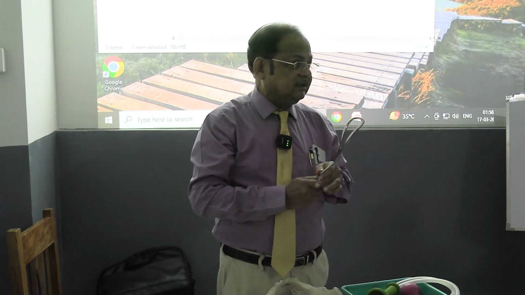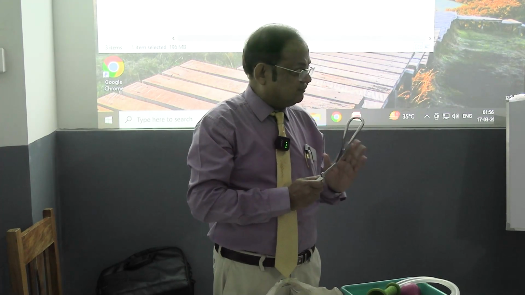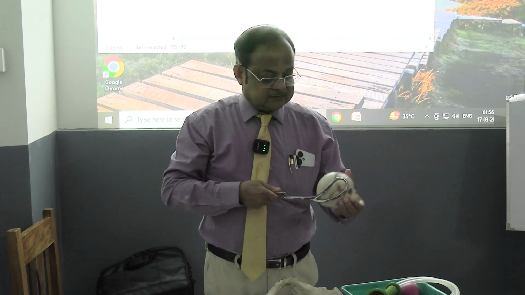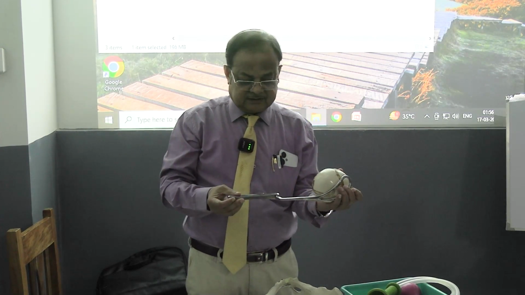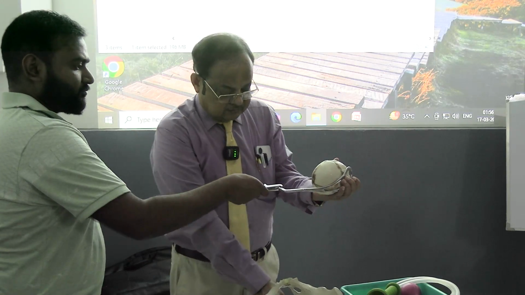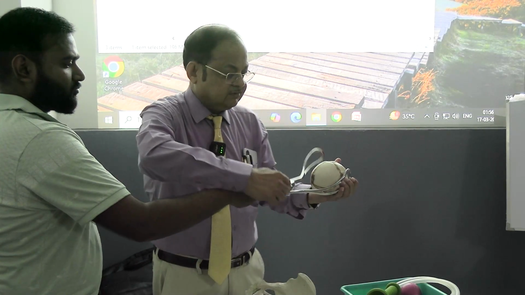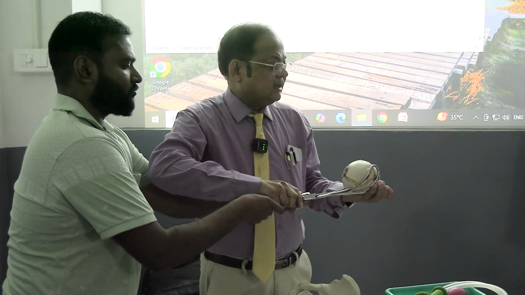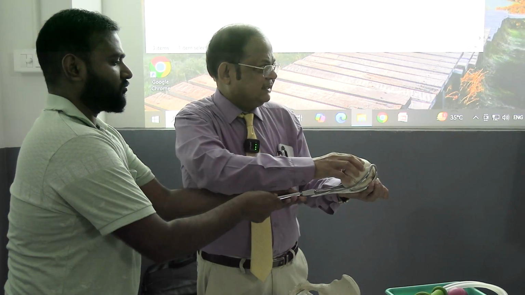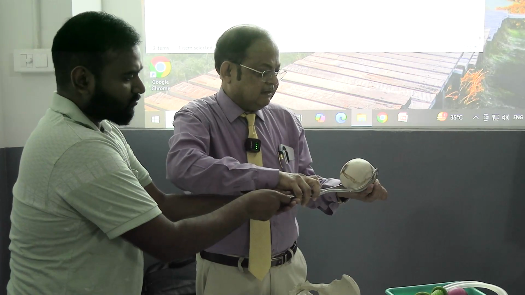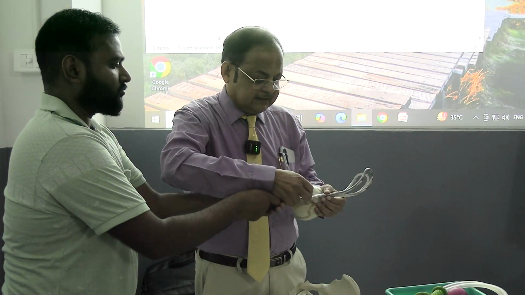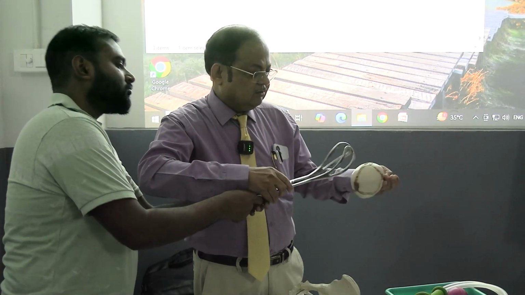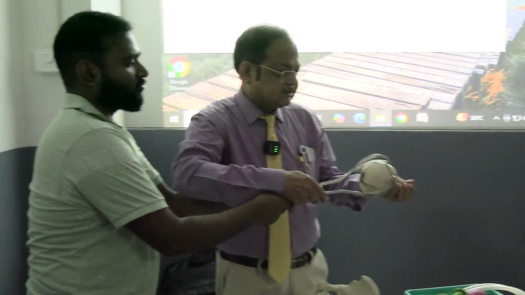One important thing is that when you apply the forceps, your aim is to apply it along the cephalic curvature. If you do not apply it like that, along the biparietal diameter, but apply it like this, with one side like this, what will happen?